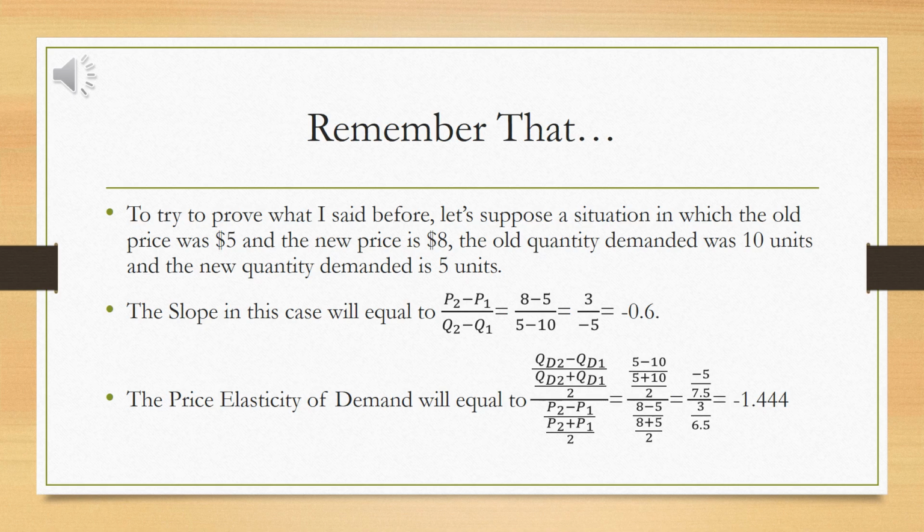The price elasticity of demand will equal to 5 minus 10 divided by half of 5 plus 10 over 8 minus 5 divided by half of 8 plus 5, which is minus 1.444.